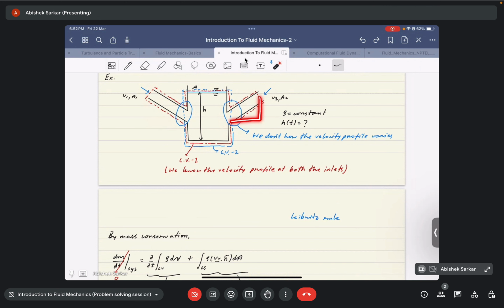So to avoid this calculation, at the cost of a slight loss of accuracy, we take a control volume that helps us use the correct velocity profile, at the cost of compromising accuracy in the volume of fluid contained within the control volume. That's the catch, all in all.